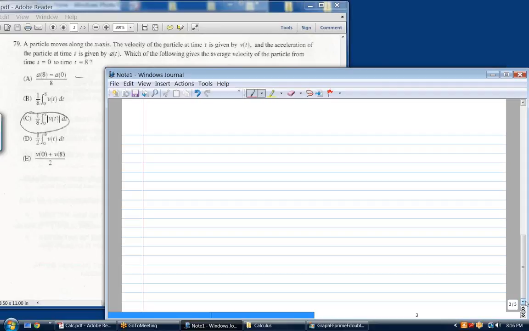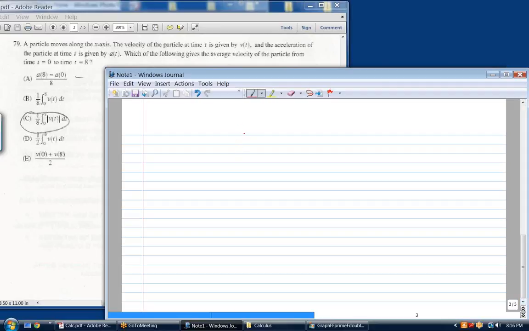Okay, the velocity at time t is given by that v of t. Acceleration is given by a of t. Which of the following gives the average velocity?